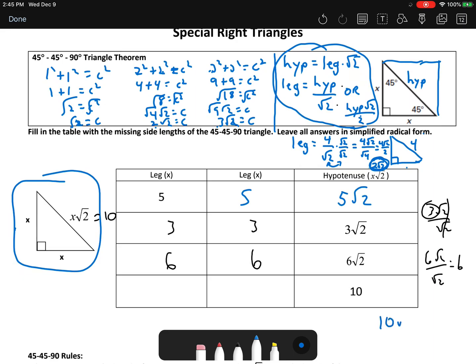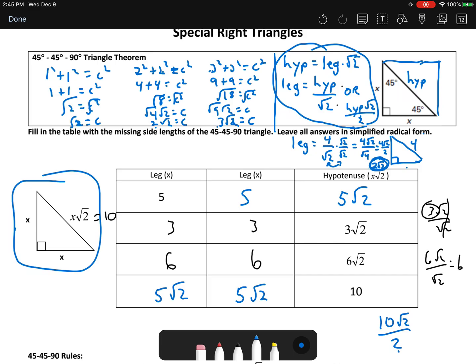So we're going to take 10 radical 2 divided by 2. I'm just using the formula. Hypotenuse times radical 2 divided by 2. Well, 10 divided by 2 is 5. So the legs are 5 times the square root of 2.